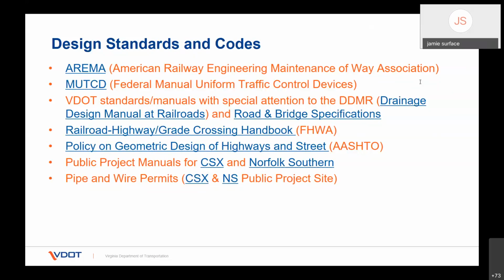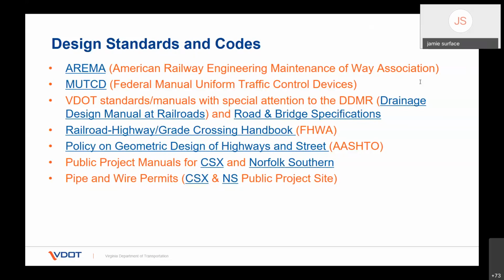If you have a water, sewer, or gas line that crosses any railroad, you've got to have a separate pipe and wire permit, and that's typically a separate permitting process. So that's something to keep in mind if you've got that on your project.